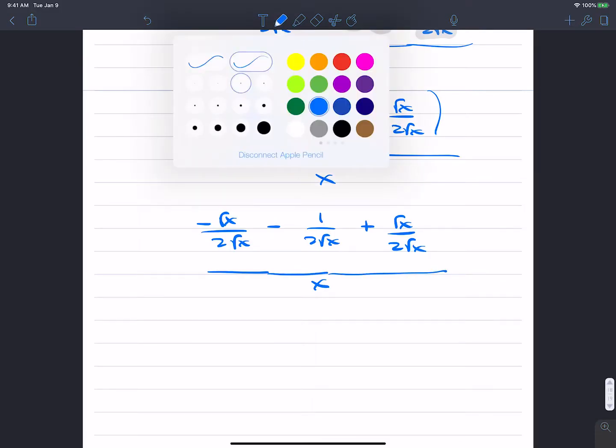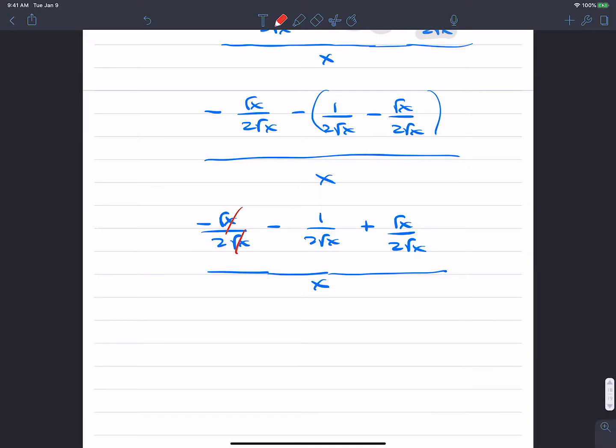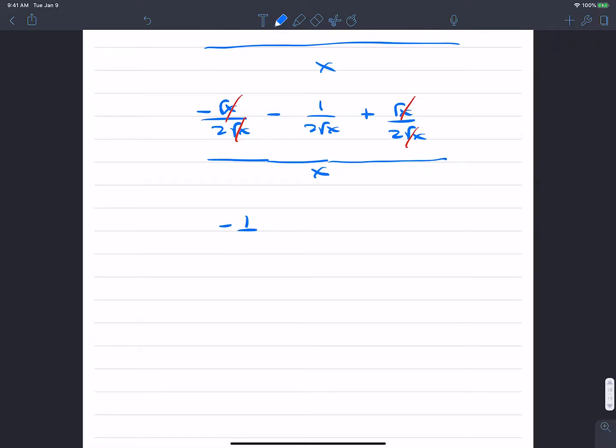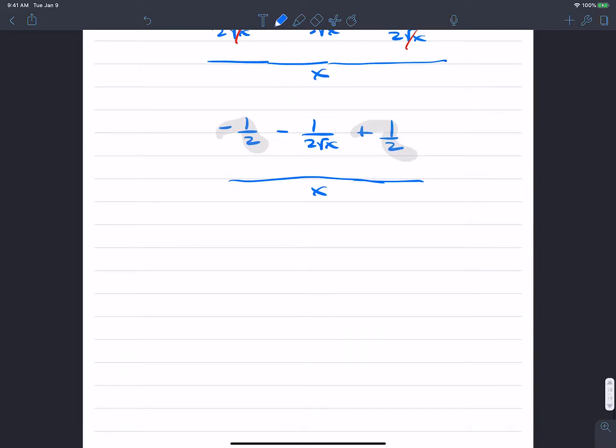And at this point, we can notice that it cancels, right? So this is really going to be negative 1/2 minus 1 over 2 square root of x plus 1/2 over x. And you notice that this term and this term cancel. So we get that second derivative to be minus 1 over 2 square root of x divided by x.